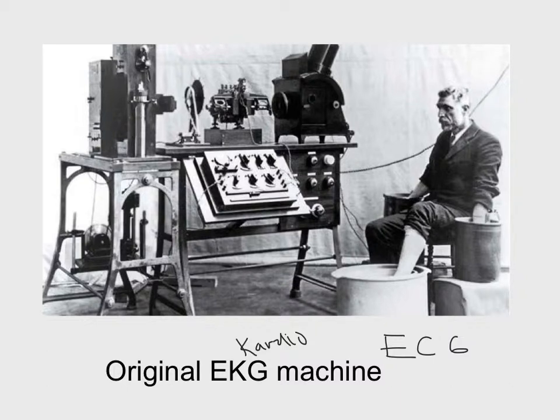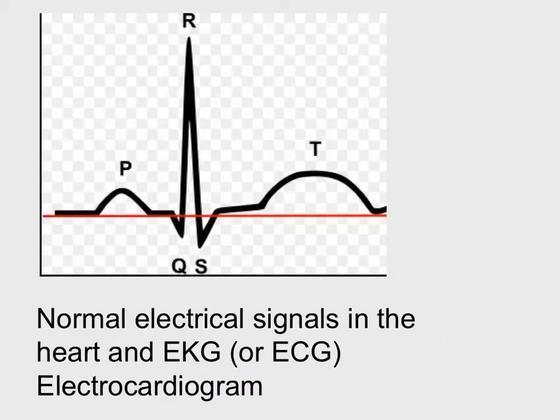But anyway, an electrocardiogram is an instrument that measures the electrical signal coming from the heart. You see this guy has got this contraption here, and he's got one leg in some liquid, probably with some electrolytes in it, and his left and right arm in there. We don't do this today, but this is just interesting. This was the way they figured out that they could measure the electrical signal.